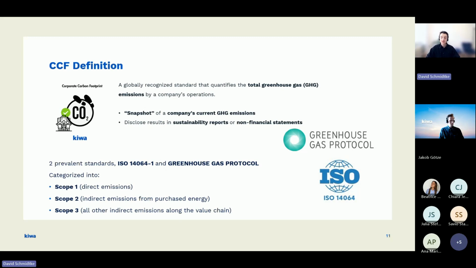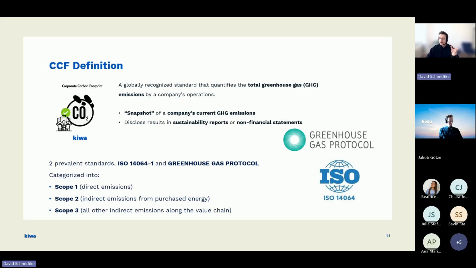And Scope 3 emissions, which are not mandatory to be reported, but are generally the ones with the highest impact and the lowest availability of data as well. They encompass your value chain up and down. So the emissions that happen during the production, for example, of raw materials, those would be in Scope 3.